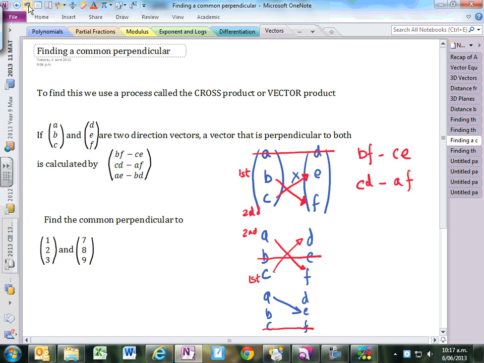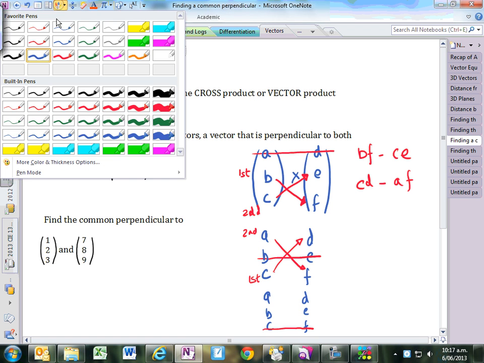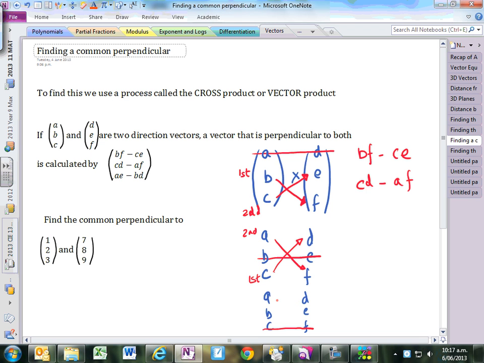Let's just undo that and do it in red. That'll be our first product, and that'll be our second product. So that's going to be AE minus BD.